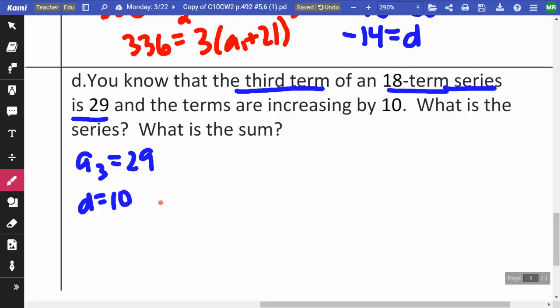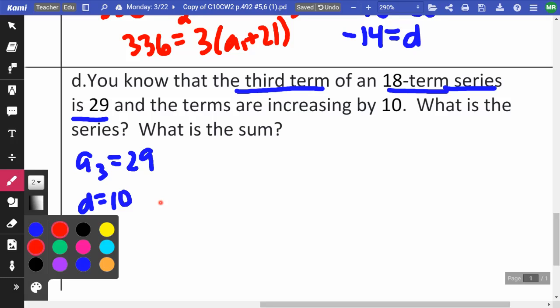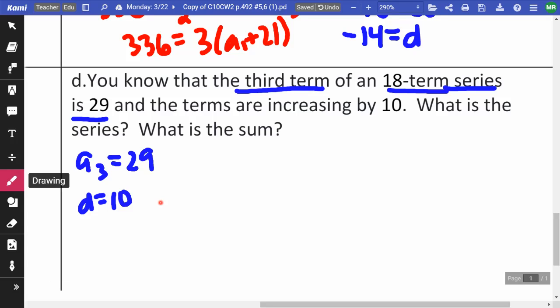I could list this all out, but we have 18 terms, and they're not going to make us list out all 18. We need to go backwards. This one's doable because we've got A sub 3.